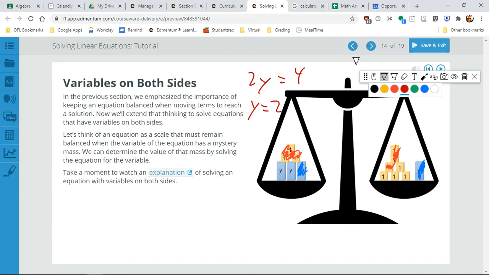So this is how we know how to solve this. What I did was I took away 3 from both sides and I took away y from both sides. So that's like a visual representation of how to solve two things.